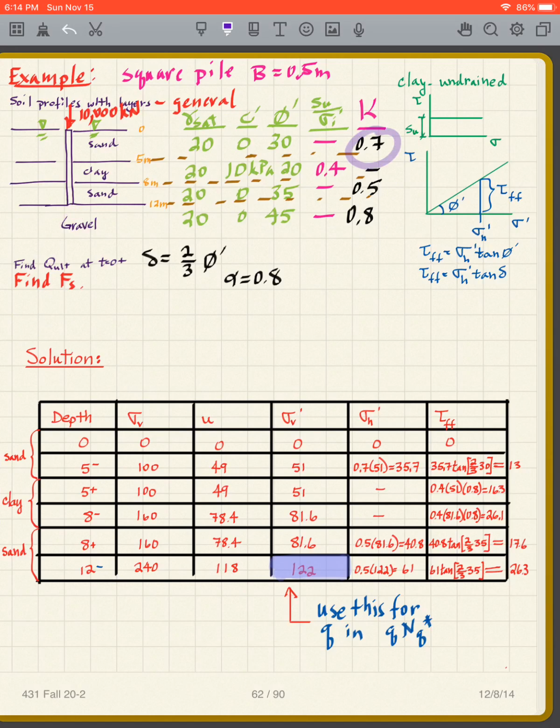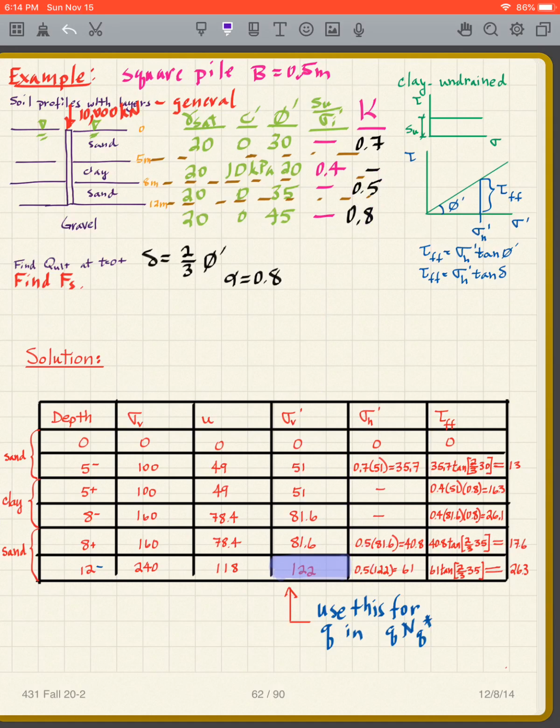So I'm going to use that 0.7 and that 0.5. So I have 0.7 there. This one's 0, so I don't need to use anything. And I'm going to have the 0.5 there. So that gives me my sigma h primes.